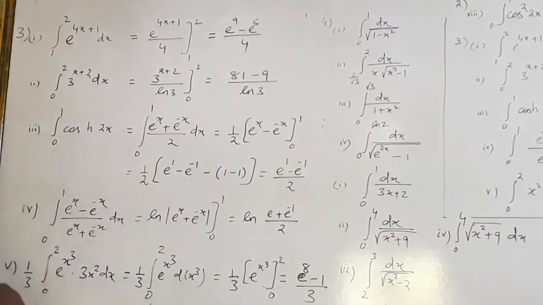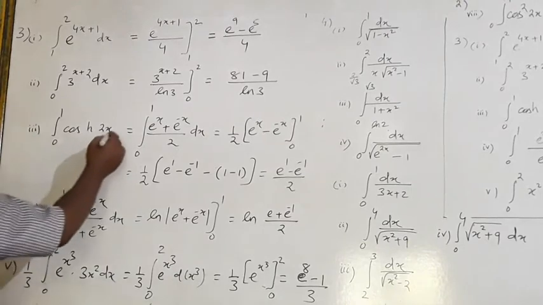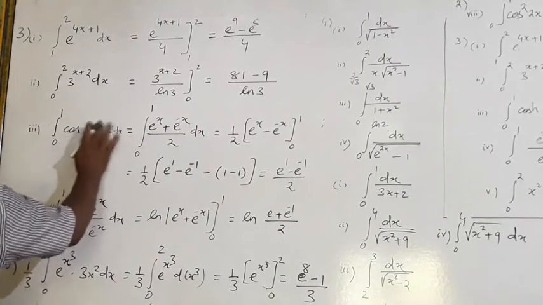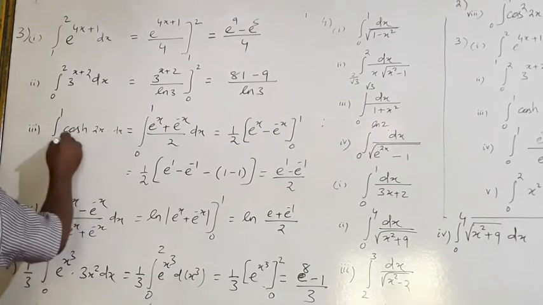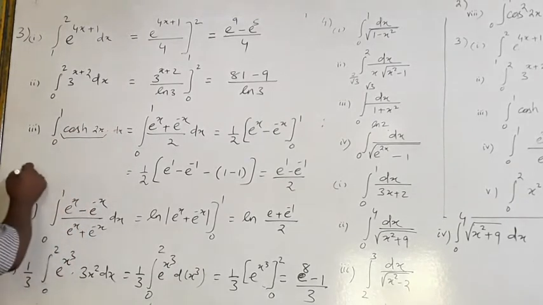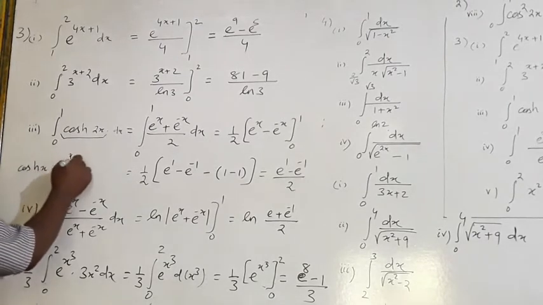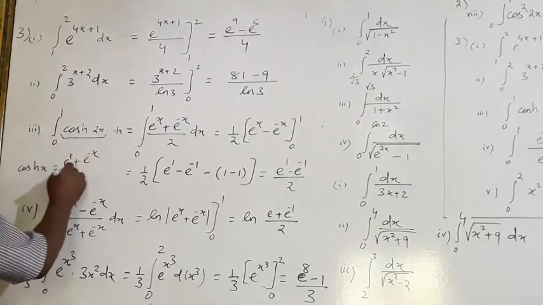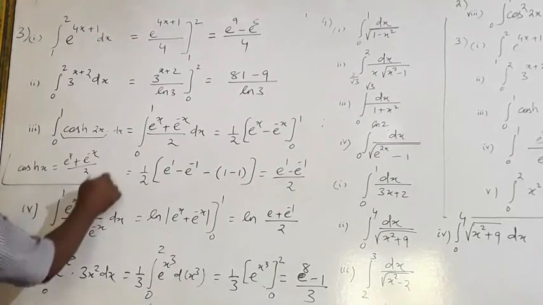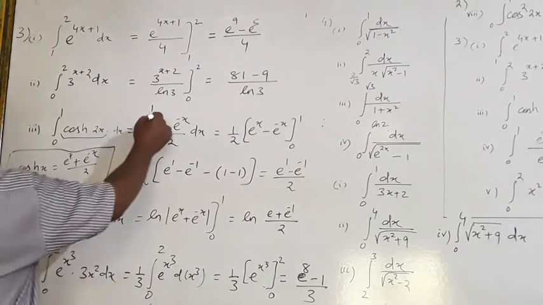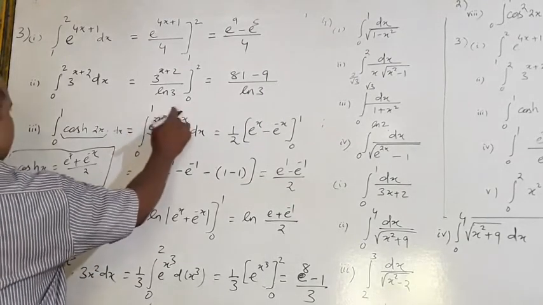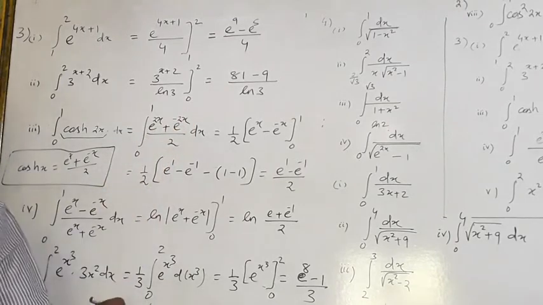And there is a special thing here. You have to write the integration, the formula of cosh 2x. The formula of cosh x is e to the power x plus e to the power minus x by 2. You have to remember it. Then tell me, what is the integration of cosh 2x? It is e to the power 2x minus e to the power minus 2x by 2.